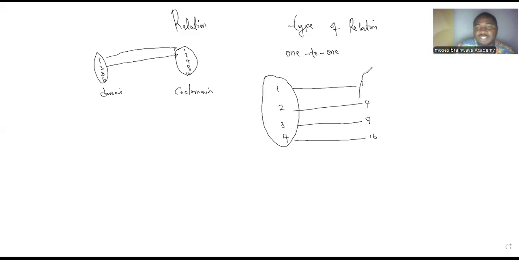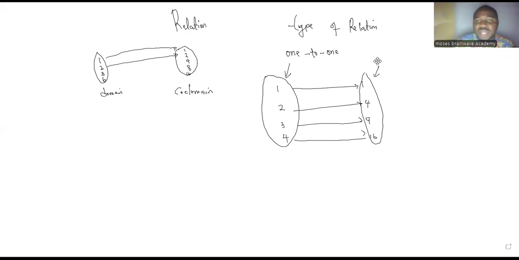Now, this kind of relation is called a 1-to-1 because each element in the domain has exactly one element in the codomain. Sometimes we refer to these as images. Now, you can say that this is 1-to-1.